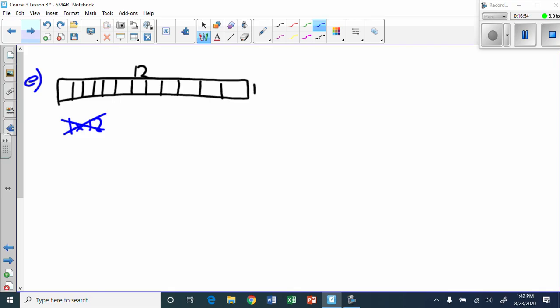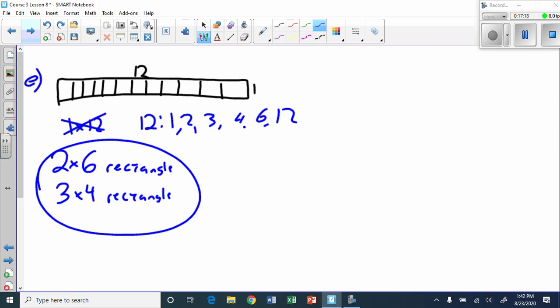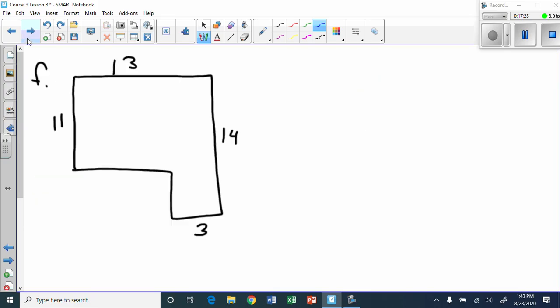So we can't do 1 by 12, but what we're looking at is the factors. 1 times 12, what else? 2 times 6, or 3 times 4. So he could make a 2 by 6 rectangle and a 3 by 4 rectangle. Both of those. Guys, you can't say 2 by 6 and a 6 by 2 because it's the same rectangle. They want different ones.